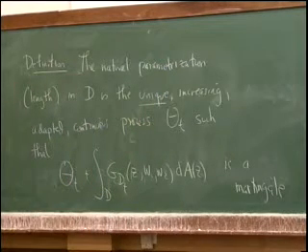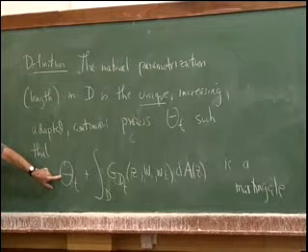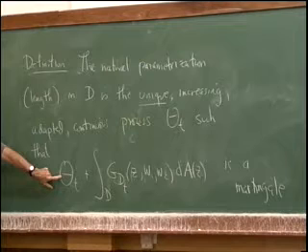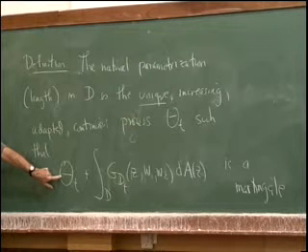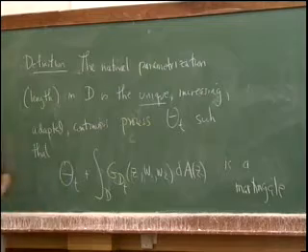If there were two different candidates for this, they could be subtracted, and you would have a martingale which had paths of bounded variation, and that would have to be 0. So unique is easy, existence is difficult.